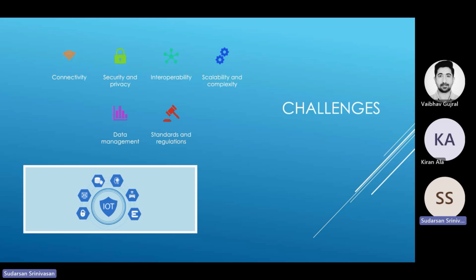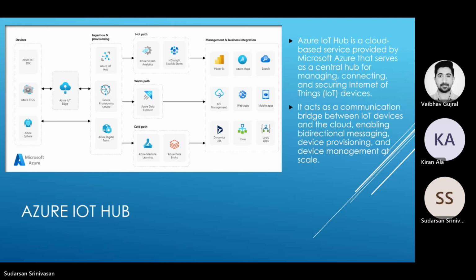Now let's look at what IoT Hub is, and then see whether IoT Hub is able to address these challenges, or whether they have actually catered to them. In its essence, IoT Hub is a cloud-based service which will help you with managing, provisioning, connecting, securing, and doing all these different things for the devices.